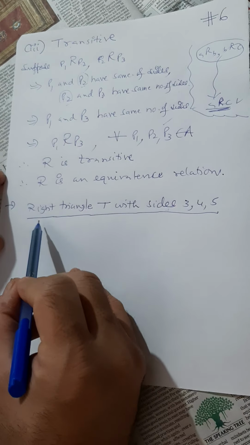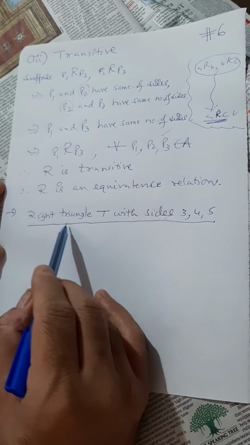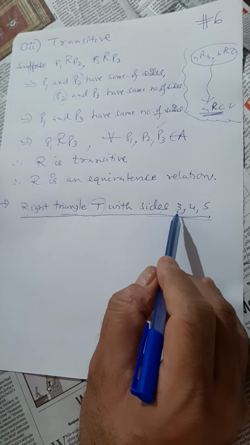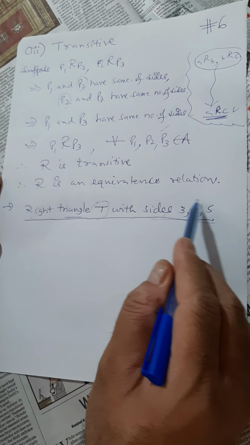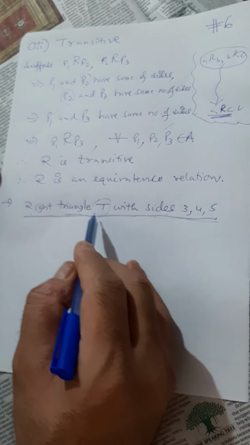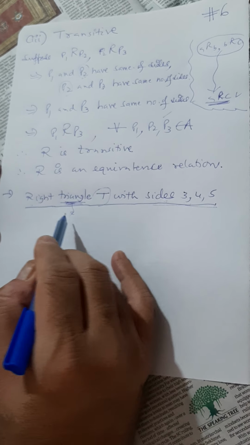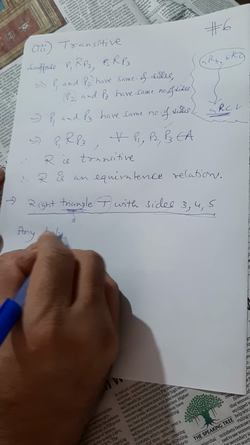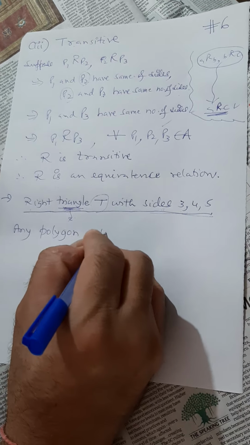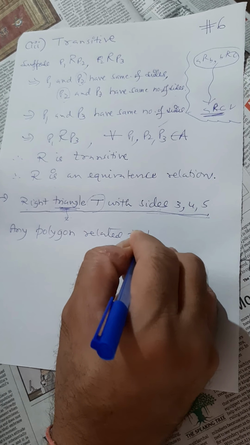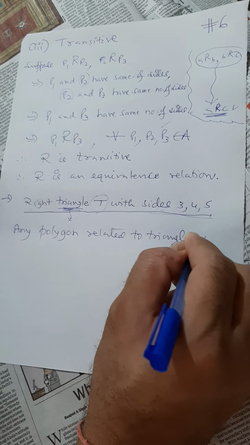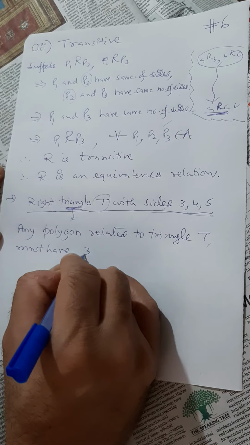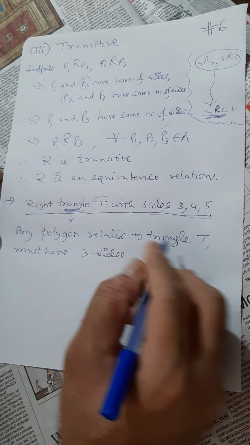Now here further you are asked to find all polygons related to triangle T with the sides 3, 4 and 5. Now these measures of sides are not important here. What is important is that you are given a triangle. So any polygon related to triangle T must have 3 sides because a triangle has 3 sides.